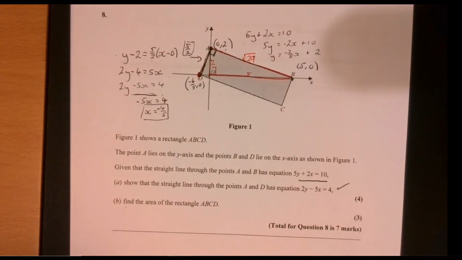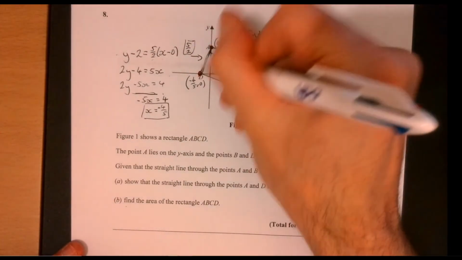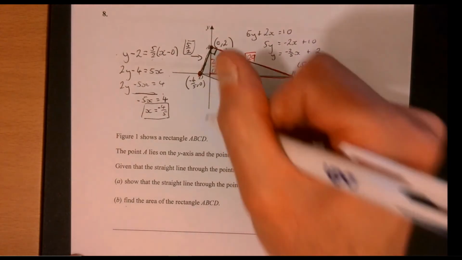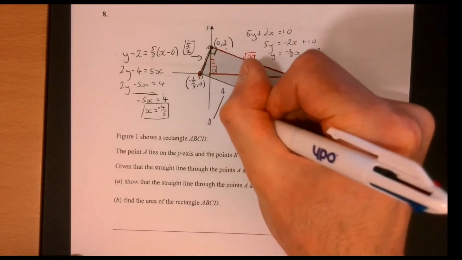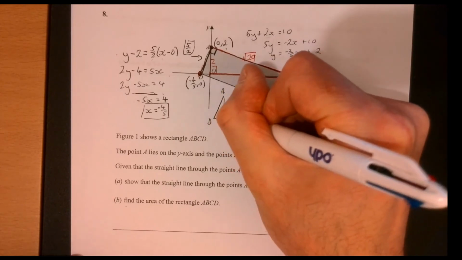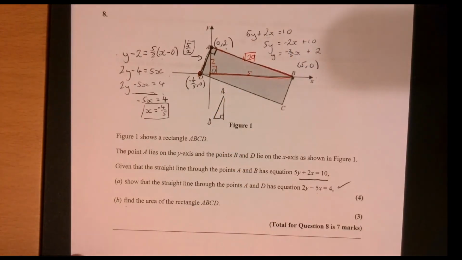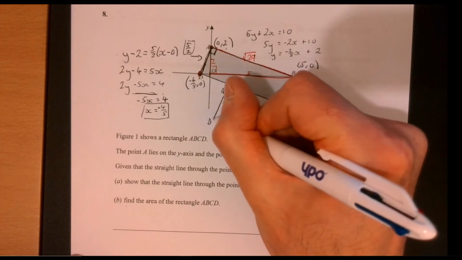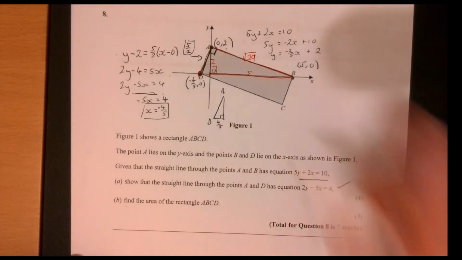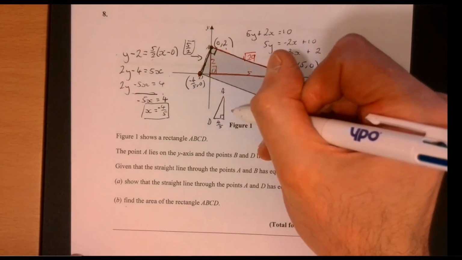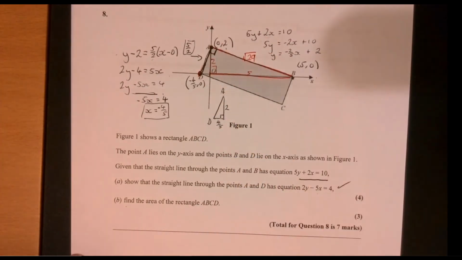Now it's probably easier because we've got this little triangle here between A and D. Let's just draw that out again. So we've got A and D, and we've got this right angled triangle. So what's the distance from here to here? Well, that's 4/5, and the distance here is 2.